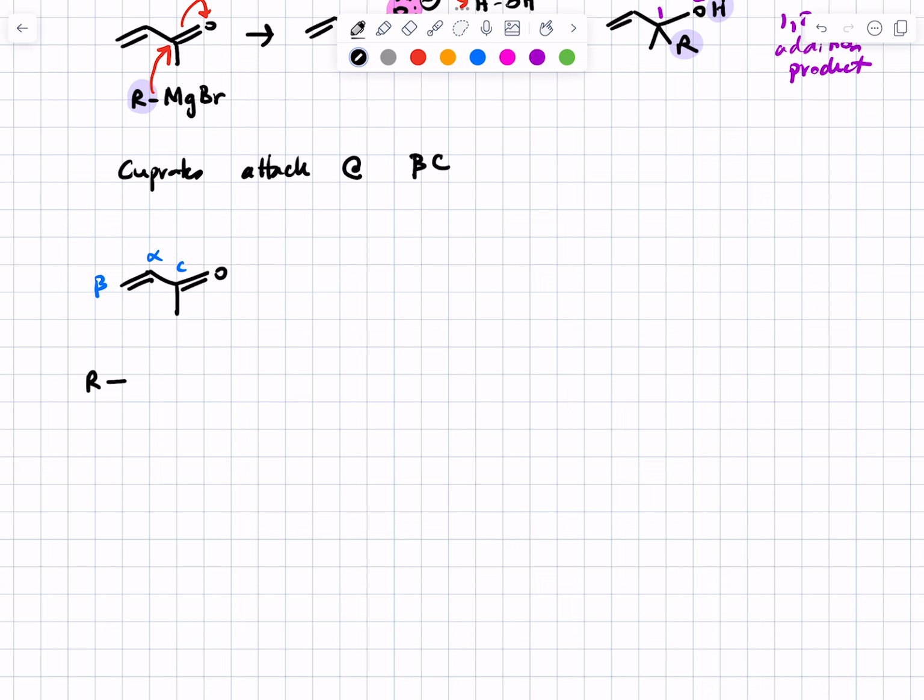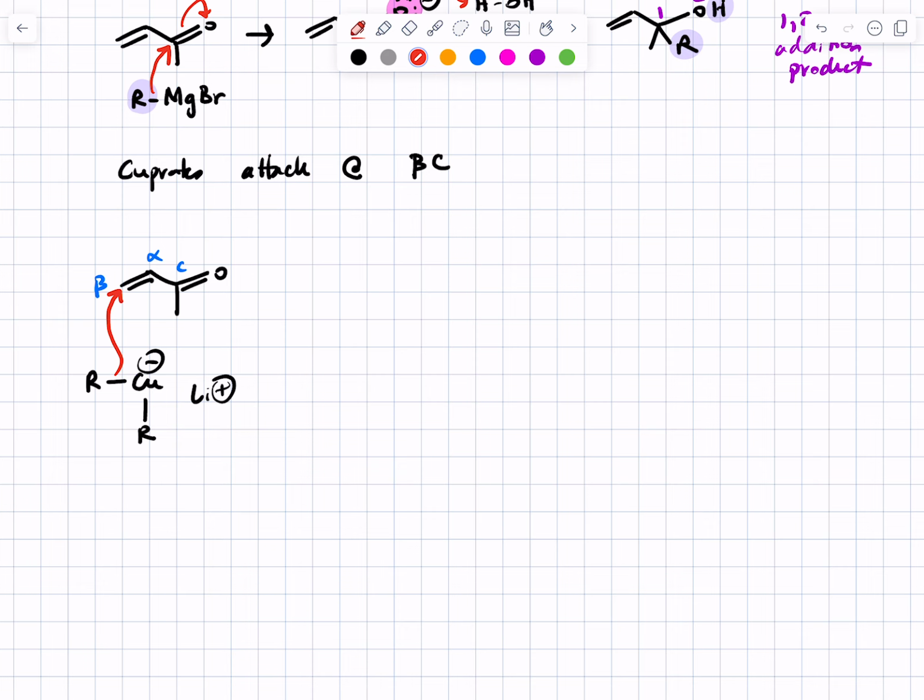Here is a cuprate. As we've seen before with cuprates, the R group is going to leave the copper with its electrons, but we're going to attack the beta carbon instead of the carbonyl carbon.